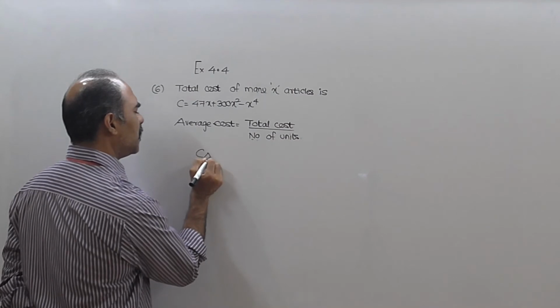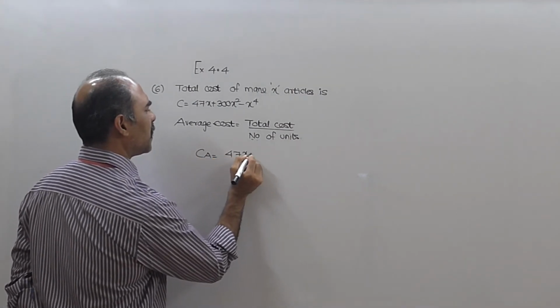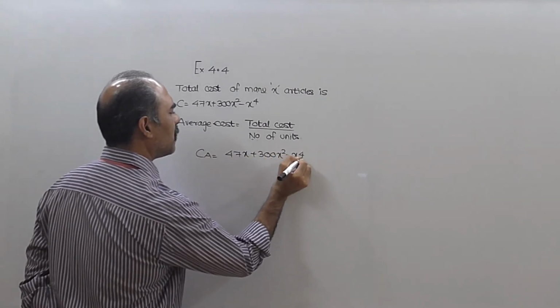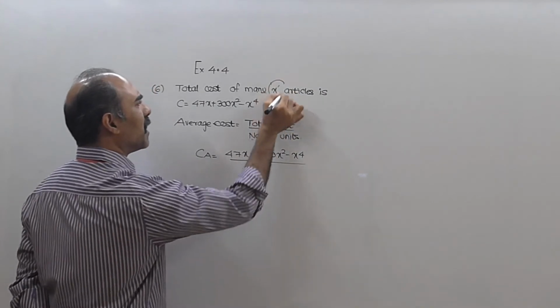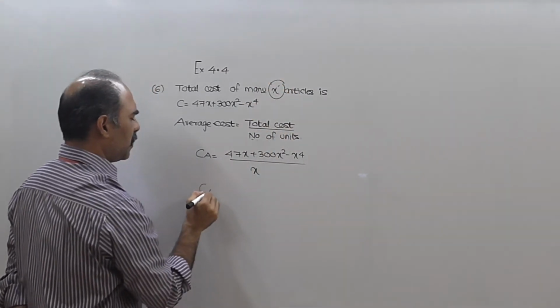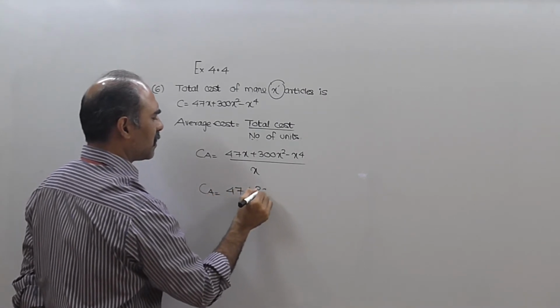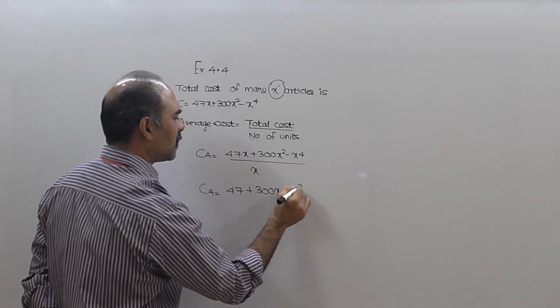Average cost is denoted as CA and the total cost is 47x plus 300x square minus x raised to 4. Number of units is x because you're manufacturing x units. So you will have CA equal to 47 plus 300x minus x cube.